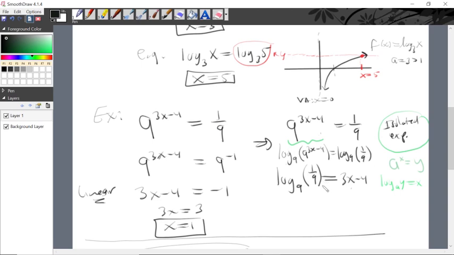Notice then, by the property of logarithms, we now have the base of the logarithm, which is the same as the base of the exponential, and that's the way that we designed it. And we recall that when that's the case, that means we get to cancel out the logarithm with the base of the exponential. So we'd be left with 3x minus 4 is equal to log base 9 of 1/9. And that's exactly the same conclusion that we got here anyway. So we can reach this result right here.